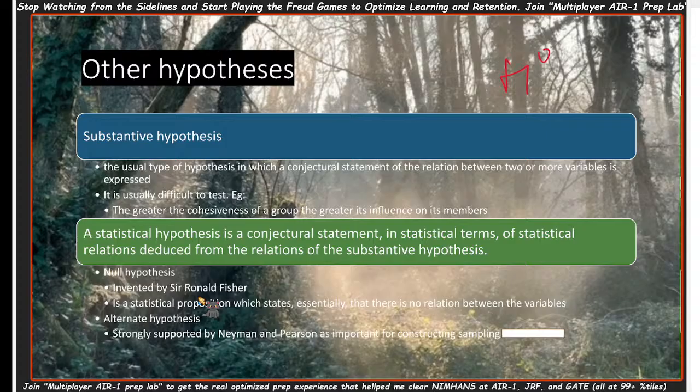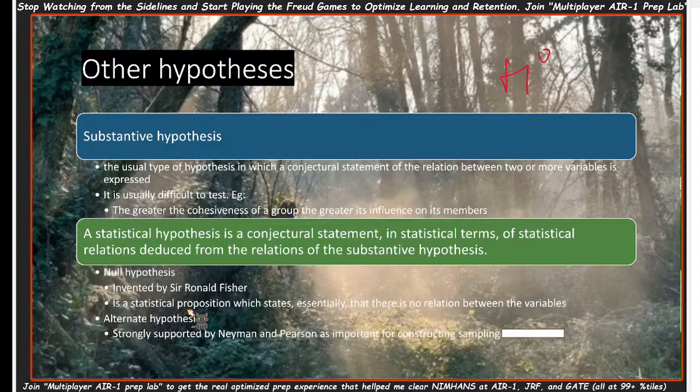Alternate hypothesis, on the other hand, says there exists a relationship or there exists a difference between groups. This was supported by Neyman and Pearson, because only when we have an alternate hypothesis will we be able to make several sampling distributions. Null hypothesis testing is saying this is the zero difference.